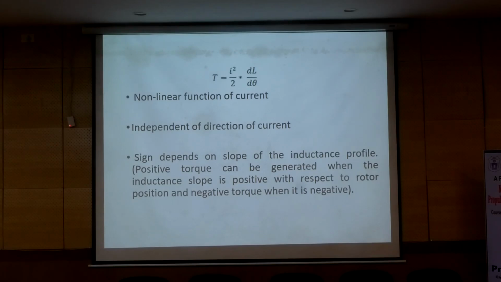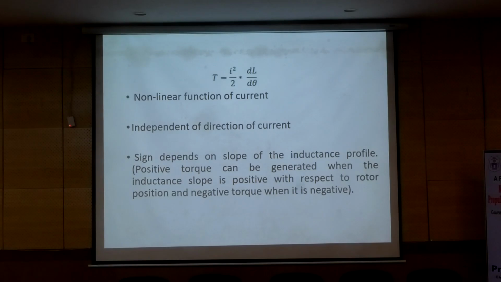So how do we justify the motor and generator operation? What could be the torque behavior of the motor and the generator? Positive torque can be generated when the inductance slope is positive with respect to the rotor position, and negative torque when the slope is negative.